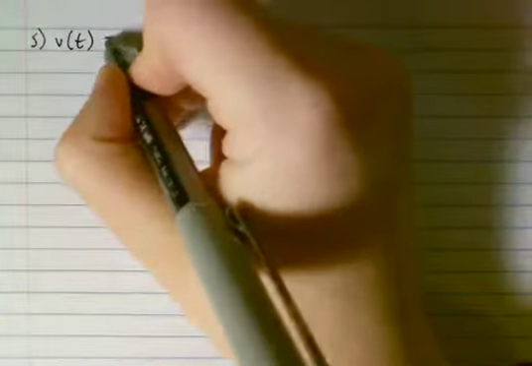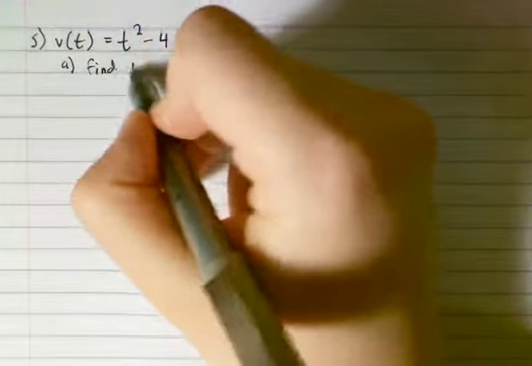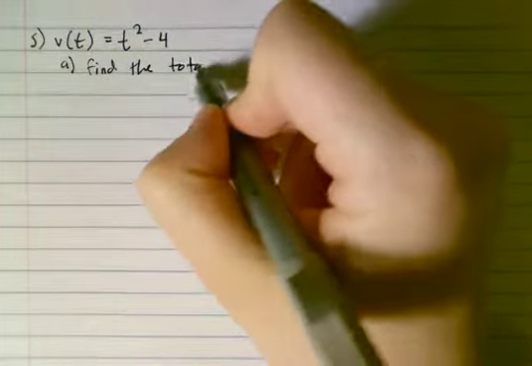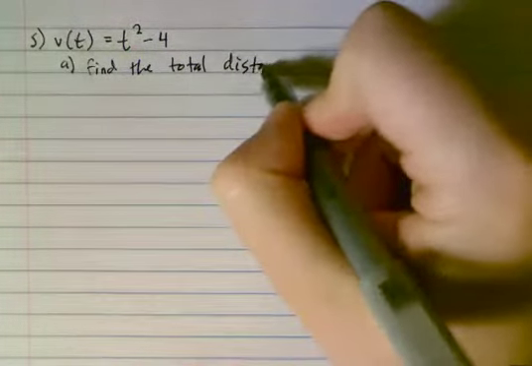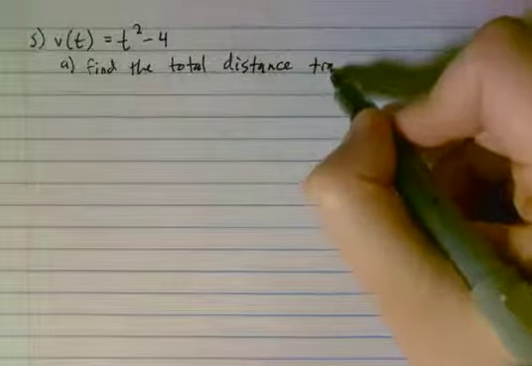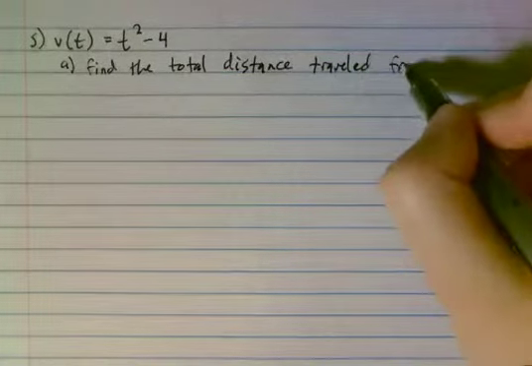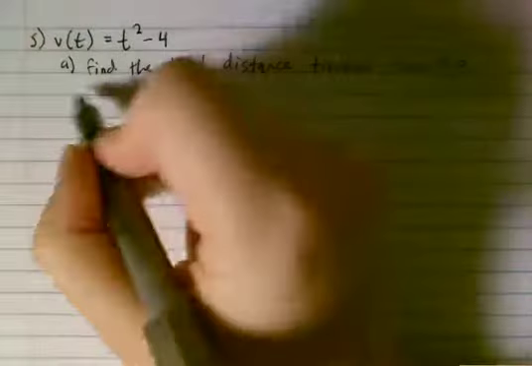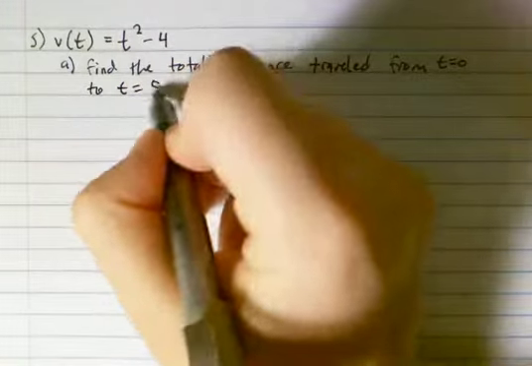Two more problems and then we're done. So let's say that we're told that v of t is t squared minus 4. And our first question is to find the total distance traveled from t equals 0 to t equals 5.